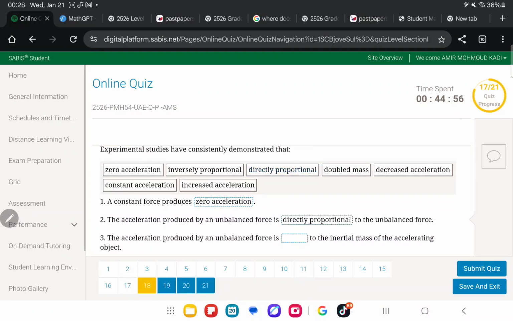So it is directly proportional. However, mass is inversely proportional to acceleration, or vice versa. So that means the acceleration produced by an unbalanced force is inversely proportional to the inertial mass of the accelerating object.